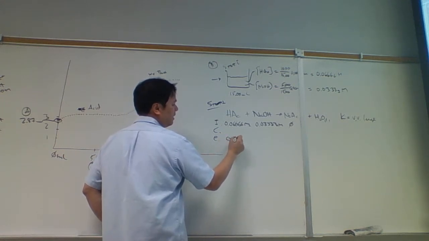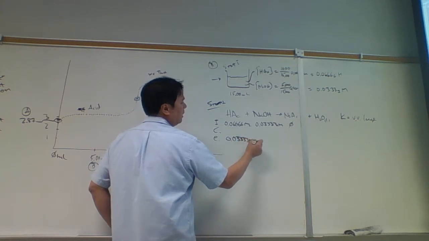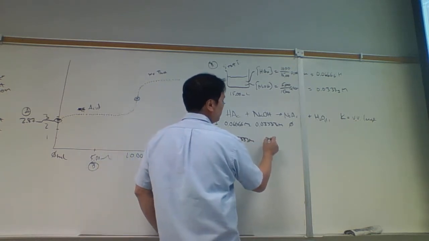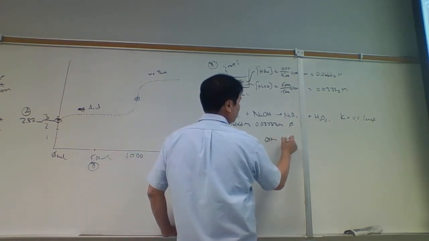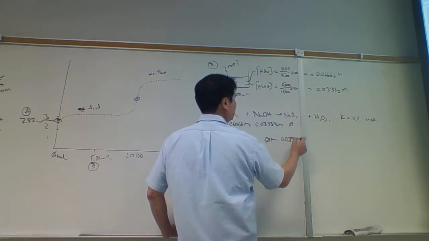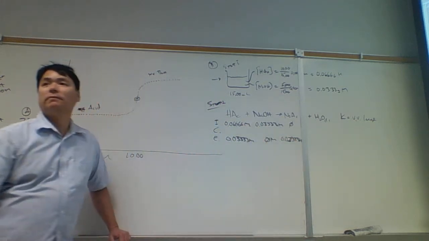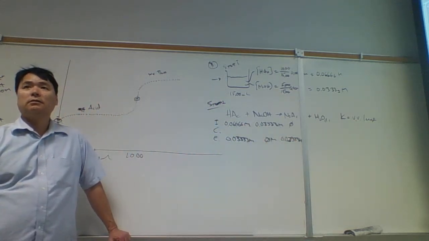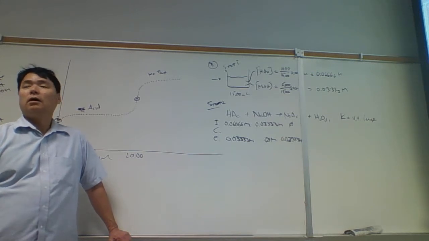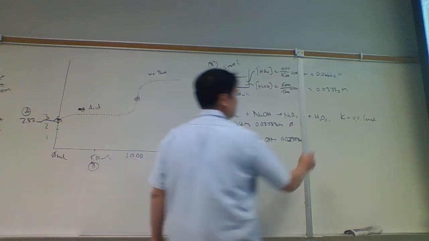And so we're going to end up with 0.0333 acetic acid, 0 sodium hydroxide, and 0.0333 sodium acetate, because the limiting reagent is the sodium hydroxide here. All right, this is the end of step 1. The water is a liquid.